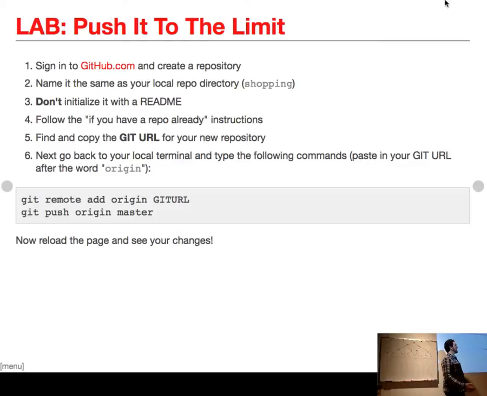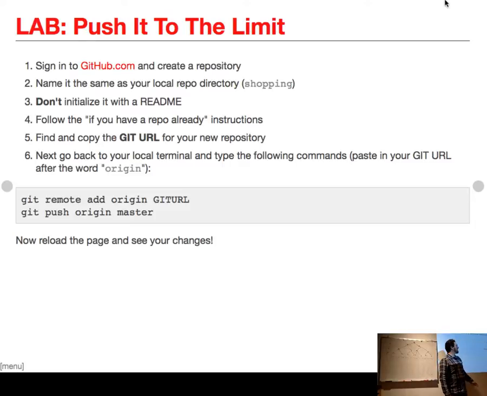And we're going to follow the rest of the instructions, which include adding that repository as what's known as a remote repository for Git. And at that point, you'll be able to go back to your original terminal and paste something like this: git remote add origin git URL, git push origin master.